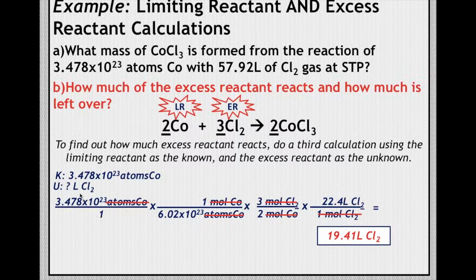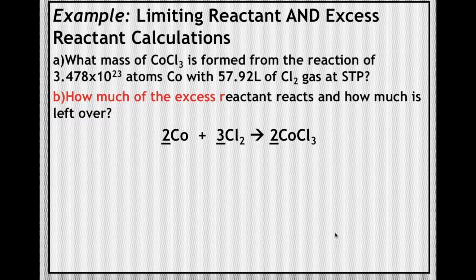So in the calculator, just type in this number divided by 6.02 times 10 to the 23, times 3, divided by 2, and times this, okay? And there's our answer. That is how much will react, okay? So that's how much will react, not how much is left over. In order to find out how much is left over, you have to take what you calculated first and subtract this, and that's how you find out what's left over, okay?